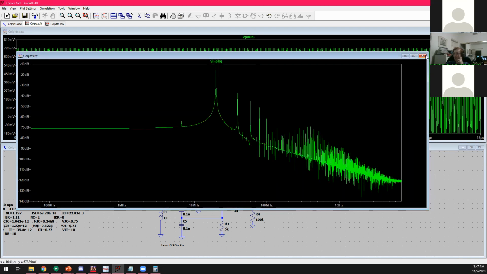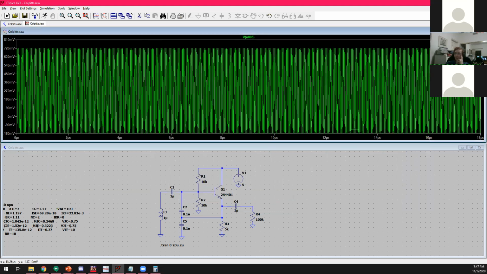So now you might ask, why is that 19.8 megahertz and not 22.5 like we calculated? Well, the reason is because this transistor is not perfect. The transistor itself is rated to work only up to 250 megahertz.